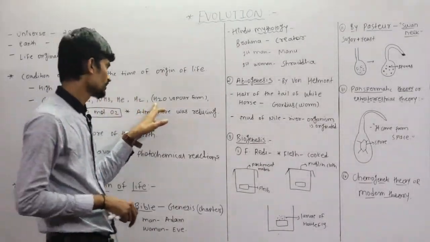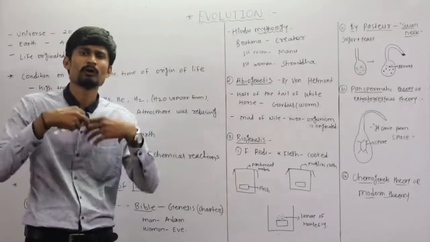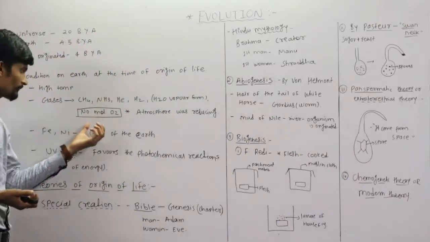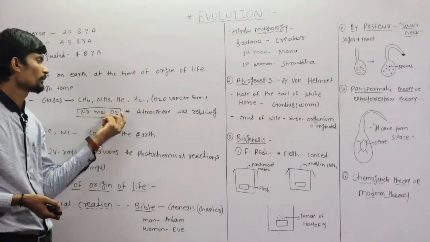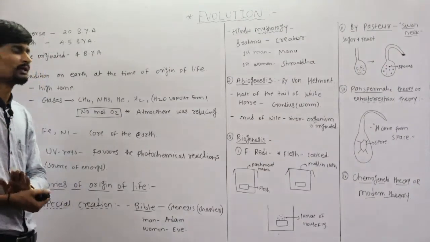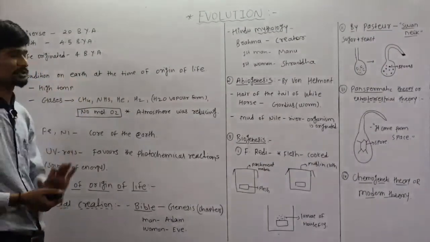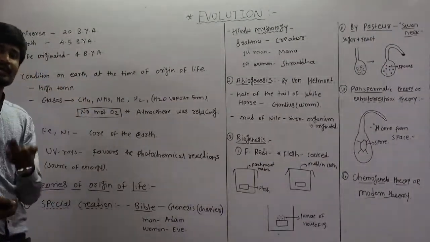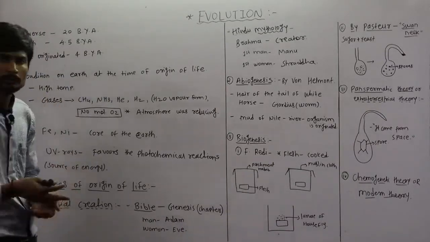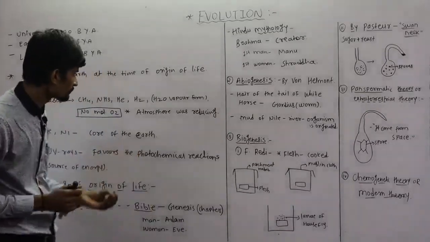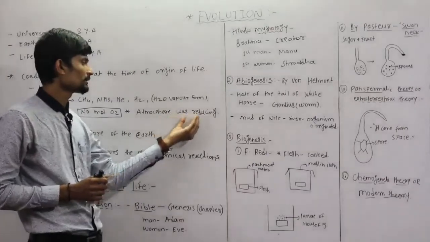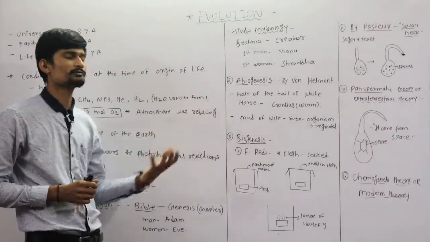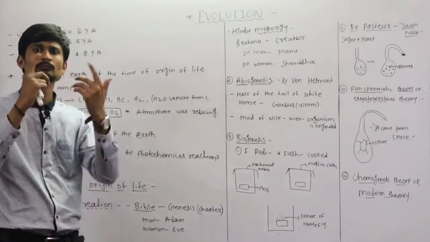And there was no molecular oxygen in the atmosphere initially. That means at the time of the origin of life there was no molecular oxygen, so the atmosphere was a reducing type.